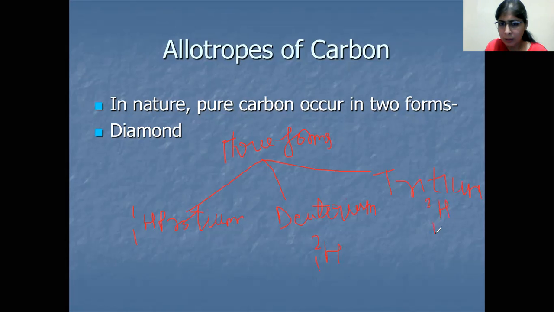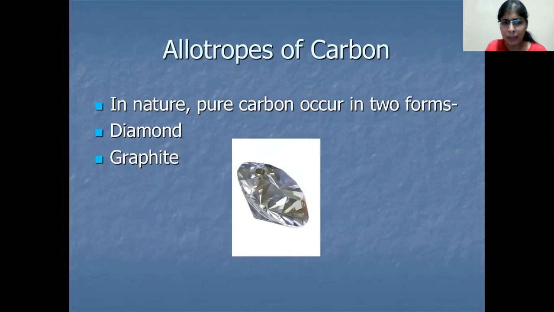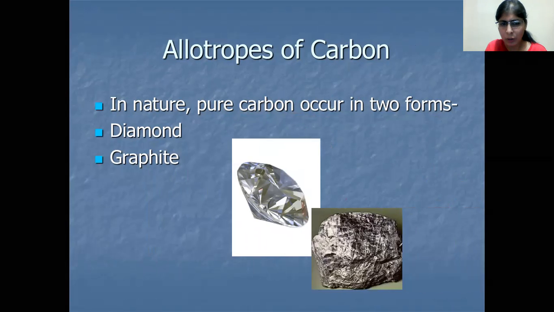Like this, we have a total of 2 forms in carbon, that is diamond and graphite. What is diamond? What is graphite? Diamond is what we see in ornaments, where diamond stones are also there. It is a crystal with a crystal-like structure, and this is your graphite.